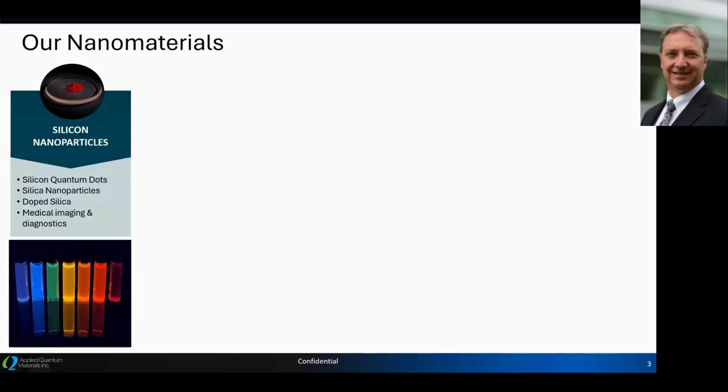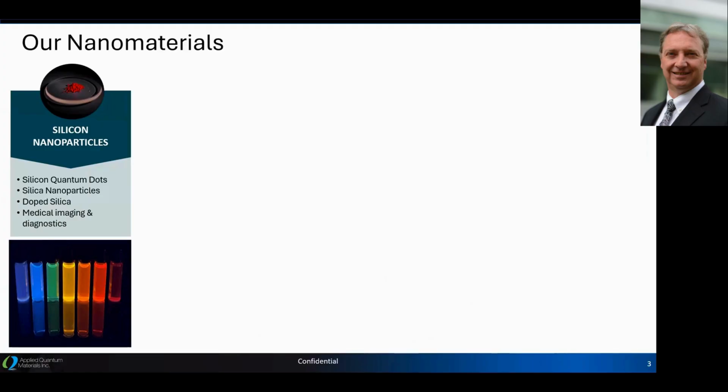So our nanomaterials, I'll go through a little bit about what we actually make. The first one is the silicon nanoparticles, which are silicon, silica, silicon, and silicone. They're doped. We can use them for medical imaging, diagnostics, etc. I'll go a little bit more into that.